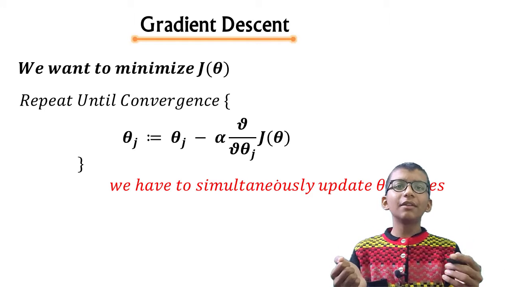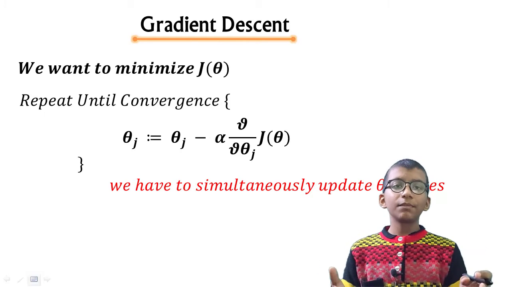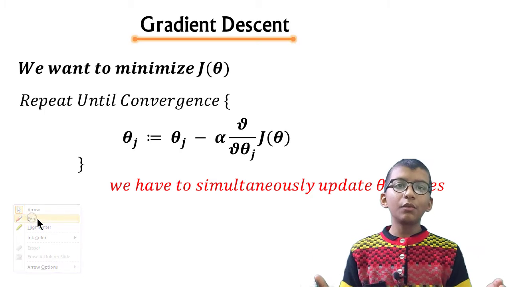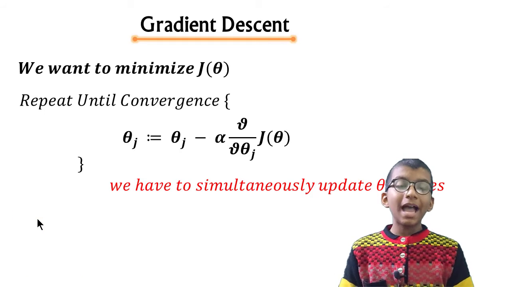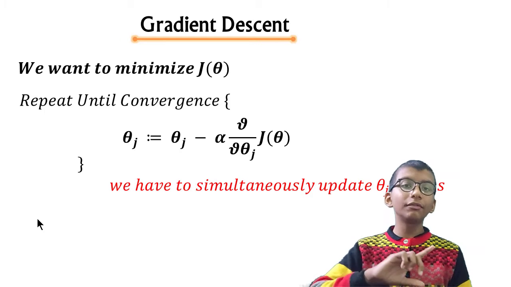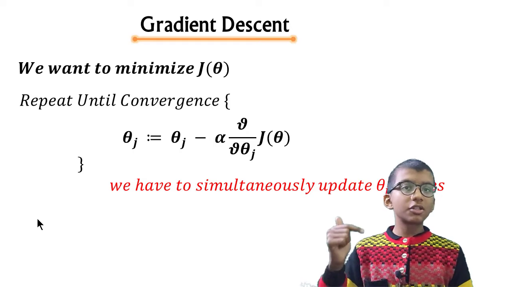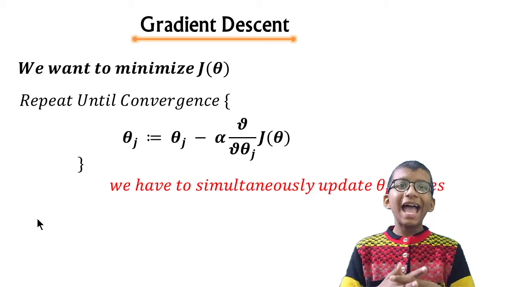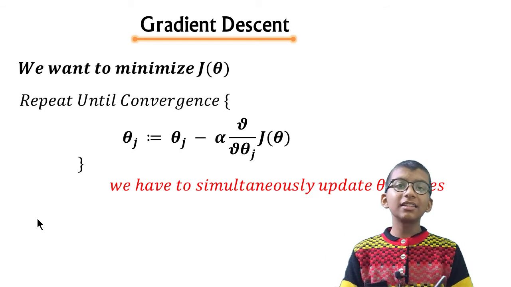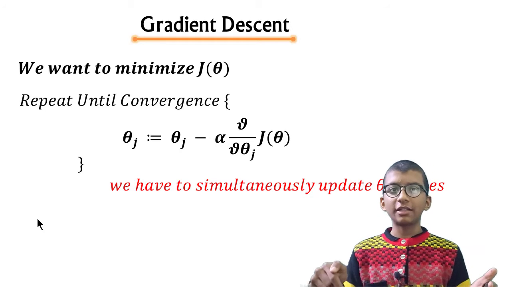The formula is theta j minus alpha, where alpha is the learning rate. I have talked in detail about alpha in my previous video of gradient descent, so be sure to check it out. The link is in the description box below, and the whole course is in the playlist, also in the description box below.